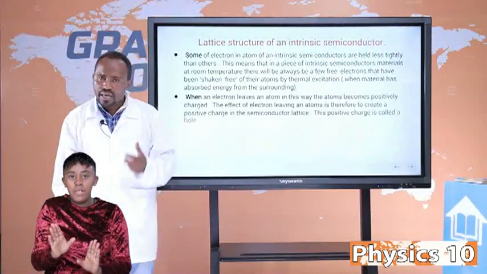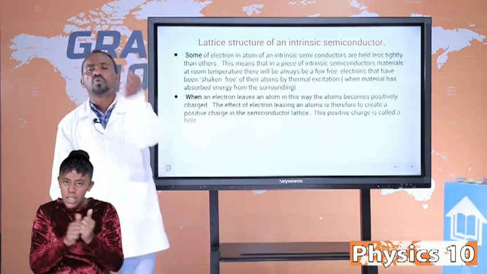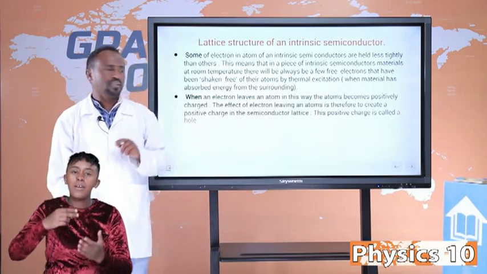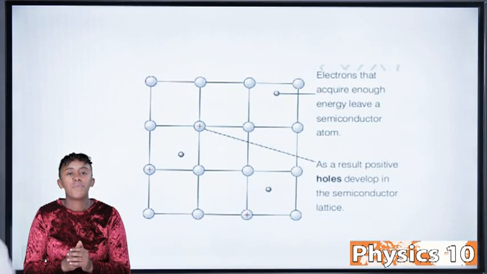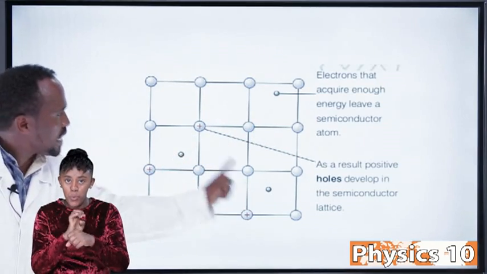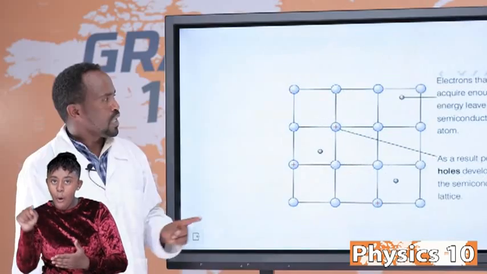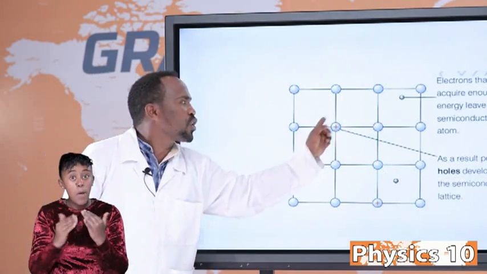Therefore, to permit electrons to pass through them, we apply high temperature. For example, look at this one. Where there is an electron, there is a hole. The electron is moving from this semiconductor, and there a hole is formed.